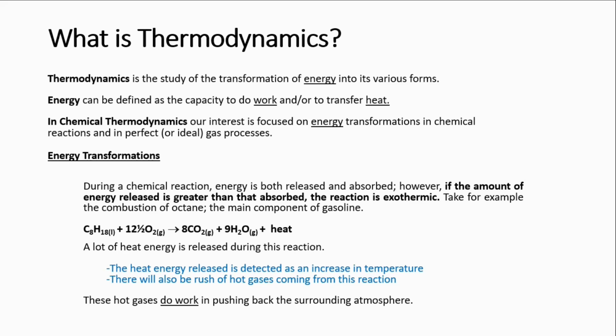So let's say, for example, we're looking at octane burning to give us carbon dioxide and steam. When you do that, some heat energy is also released. Heat energy is detected as an increase in temperature, or a temperature difference.